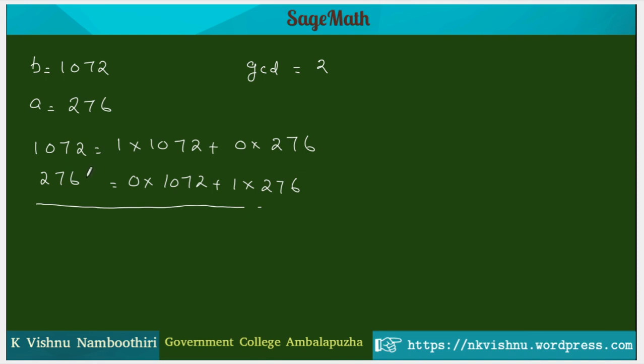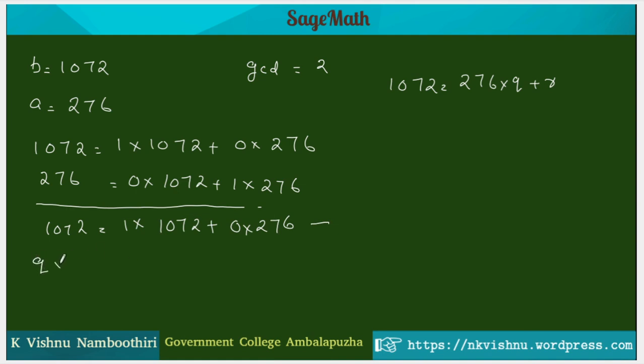That means the floor of 1072 divided by 276 is the quotient, and the quotient here is 3. So we subtract 3 times 276 from 1072.